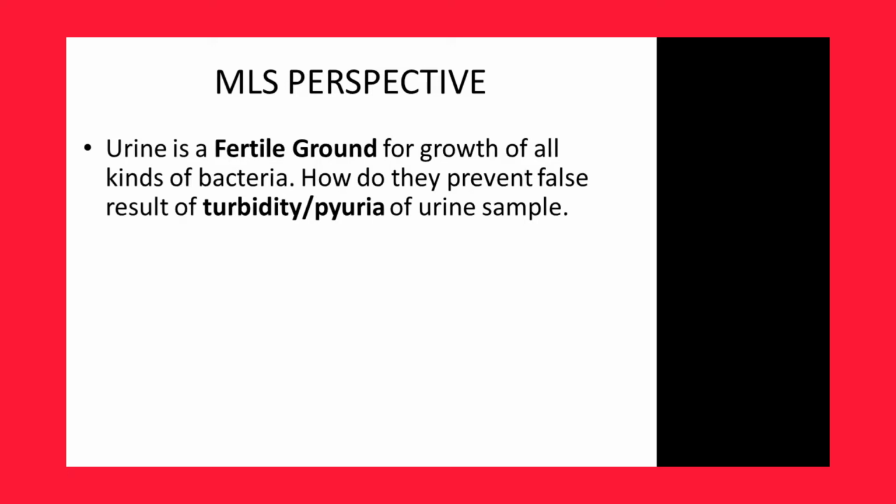You put it there and immediately come to the lab. The lab must act on it within 1 to 2 hours, so that the bacteria will not have grown to a very high level, because urine is a very fertile ground and will allow bacteria to continue to multiply.